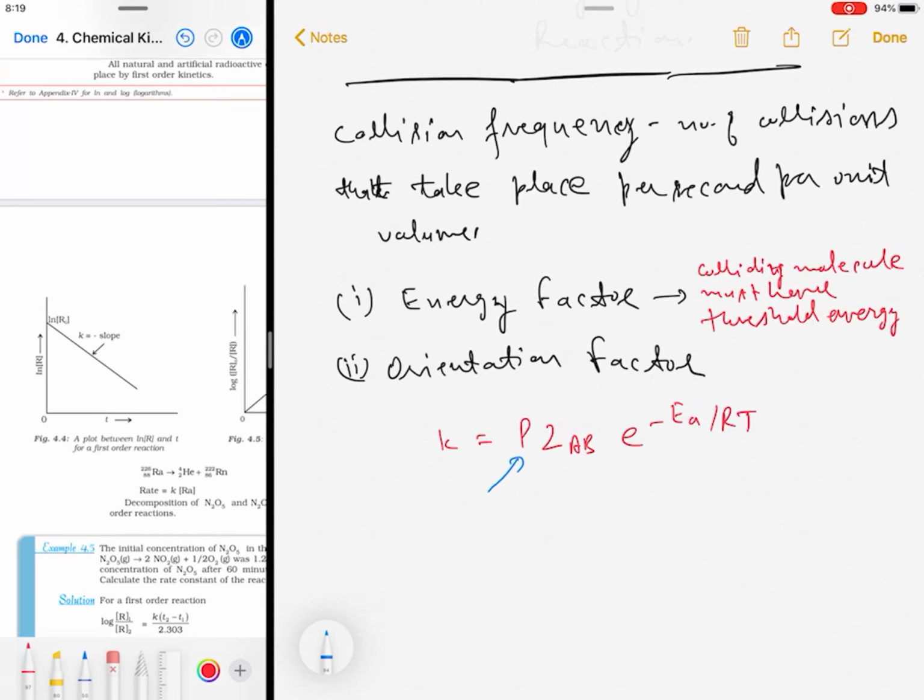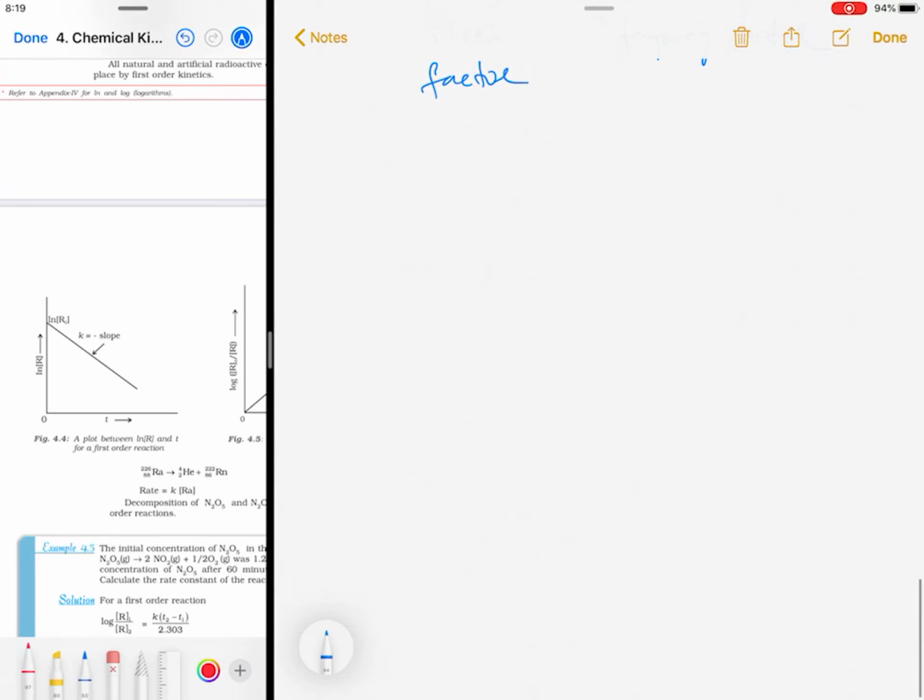P is known as the steric factor, and Z_AB is known as the frequency factor. So this was the collision theory, and based on the collision theory we can explain the formation of products in a chemical reaction.